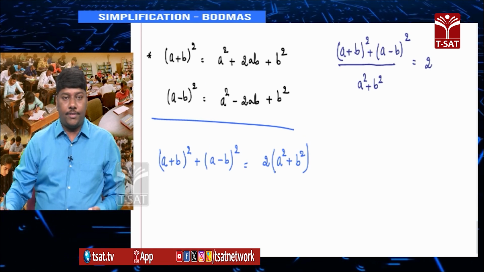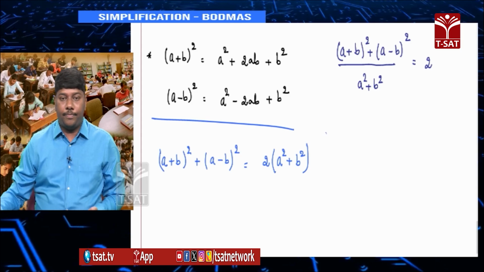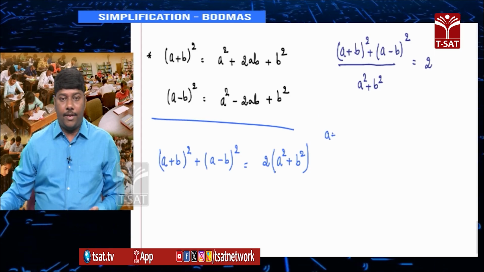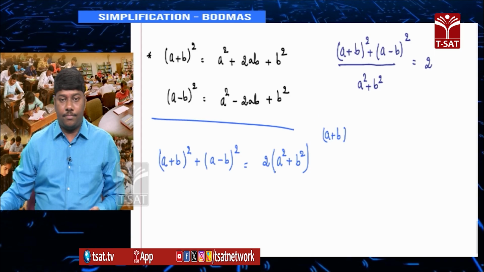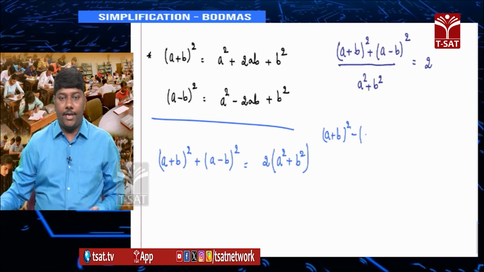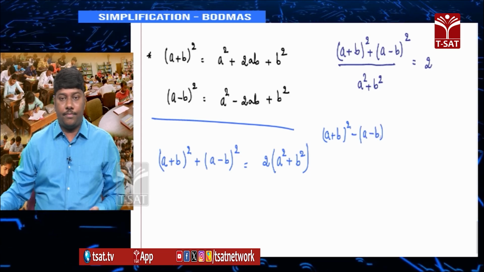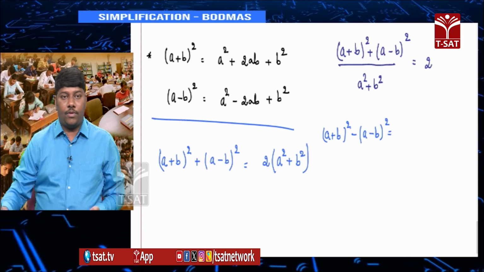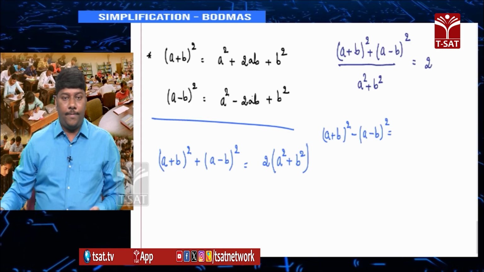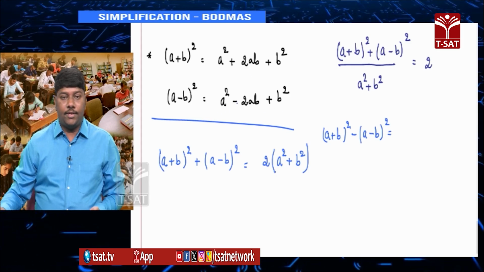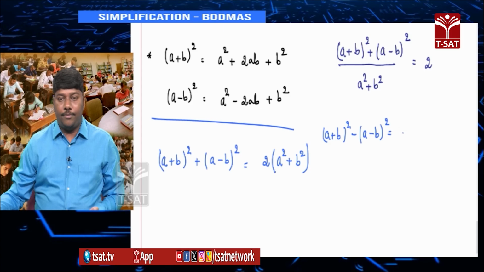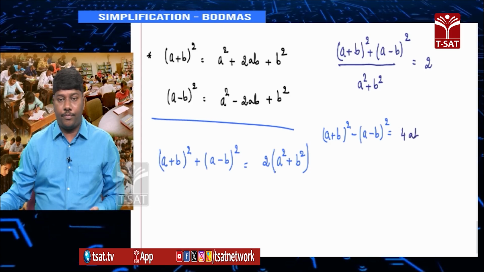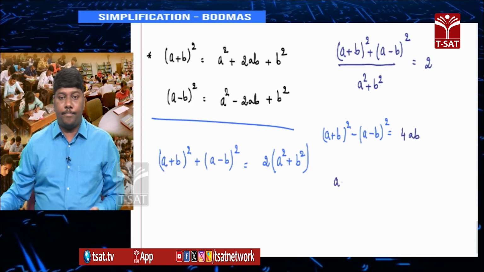Suppose you do minus, what happens? A plus b whole square minus a minus b whole square. Only 2ab plus 2ab remains, as a square and b square cancel, so it becomes 4ab. Therefore, what can I write here?